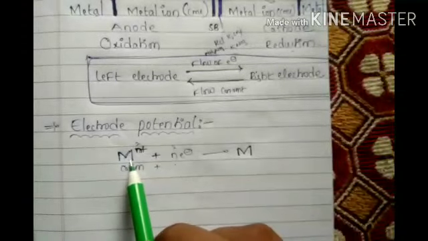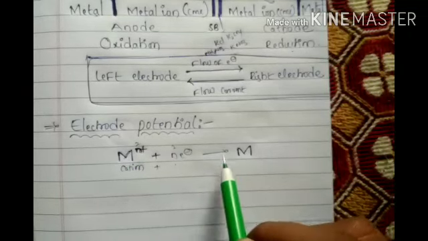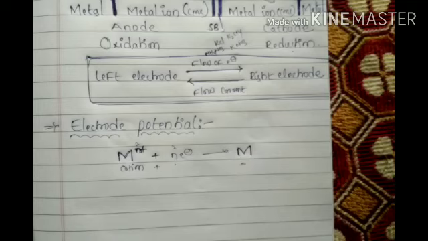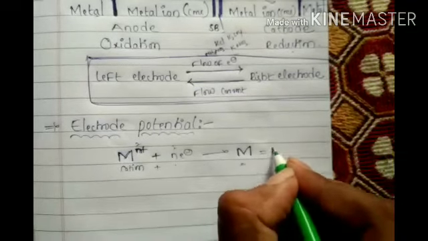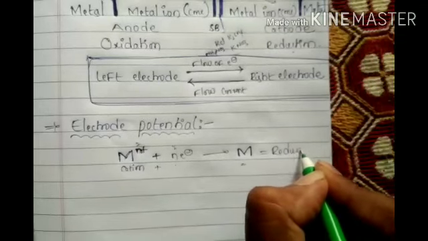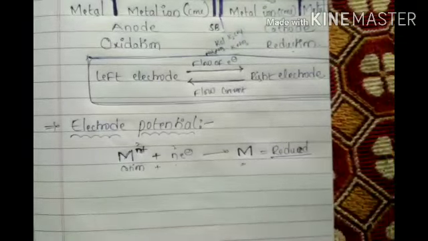This is the cation. It lost the electrons before only. Now when it is gaining electrons, it will become neutral. Gaining of electrons means reduction. Reduced. Next, one more way.